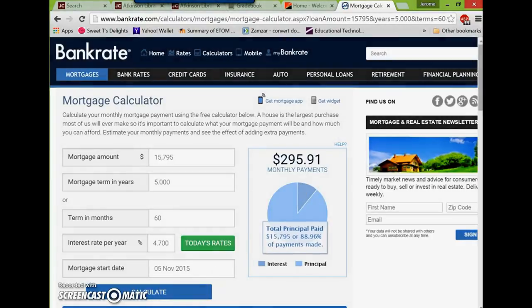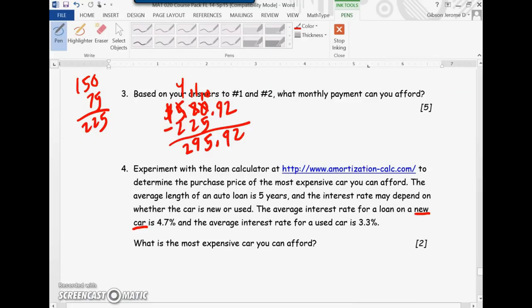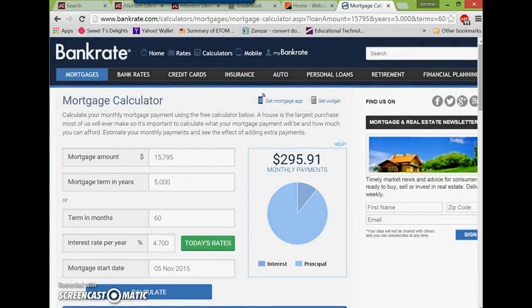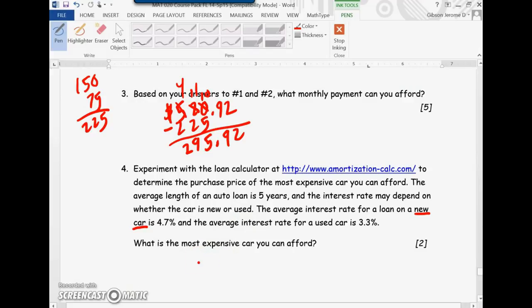So it has to be 95, 92. Okay, so this is as close as we would get it. So it's $15,795 is the amount that the car has to be. Anything above that is incorrect. So now, we go back here, put our $15,795. That is the most expensive car that you can afford, according to what the experts say.